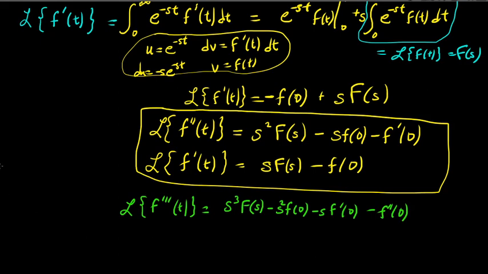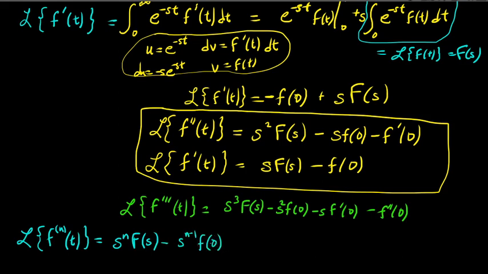So in general, the Laplace transform of the nth derivative of your function is going to be s to the n times the Laplace transform of f, minus s to the n minus 1 times little f of 0, and then minus s to the n minus 2 times the first derivative of f evaluated at 0, and so on.